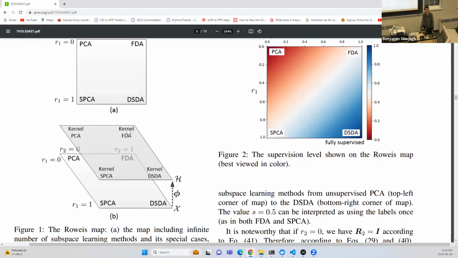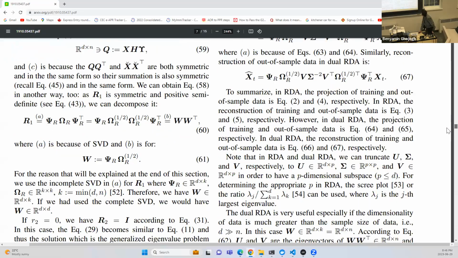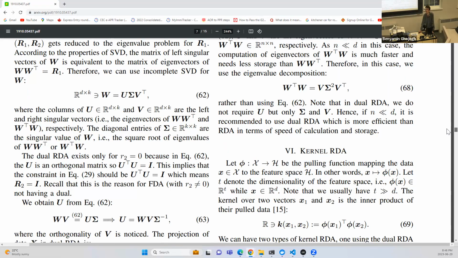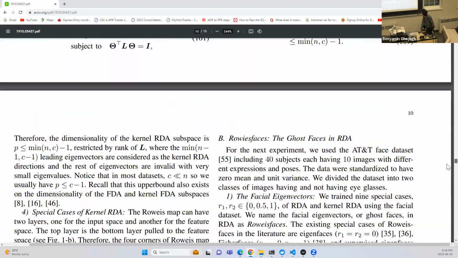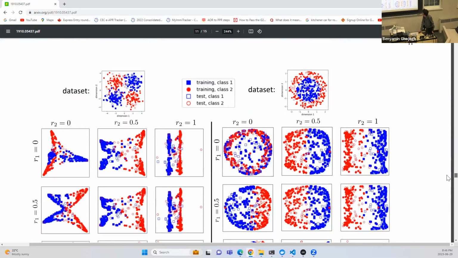Did you see I compared PCA with the second variant of FDA? Do you see that? There was SW in between. Interestingly, I also have some ghost faces in my algorithm, and I named them Roy spaces. Roy space. Where is that? Oh, by the way, kernel Roy's discriminant analysis.